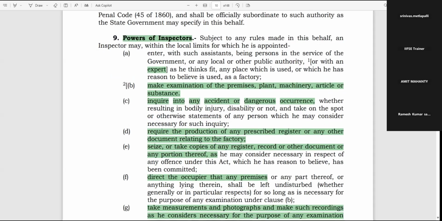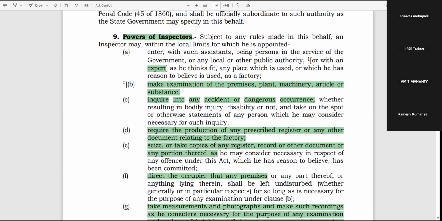Okay. When you talk about powers of inspectors, subject to any rules made in this behalf, an inspector may, within the local limits, enter, with such assistance of persons in the service of the government or any local or public authority as he thinks fit, any place which is used or which he has reason to believe is used as a factory.